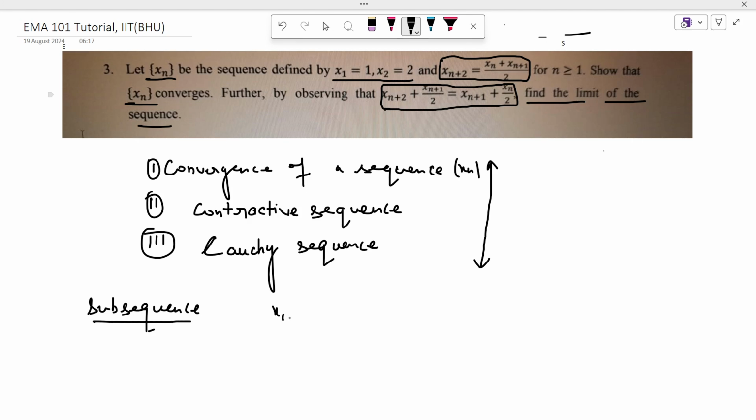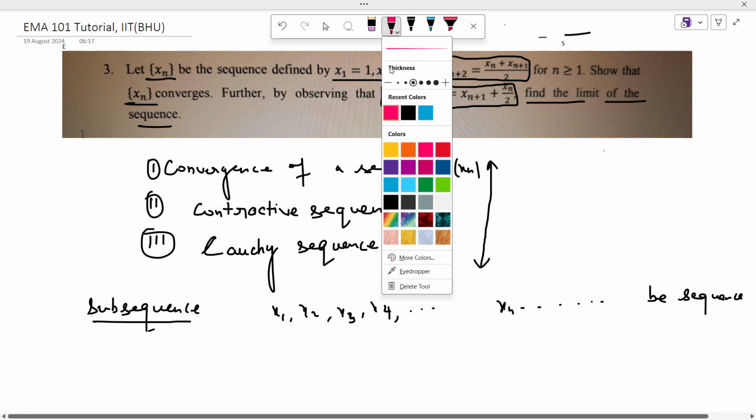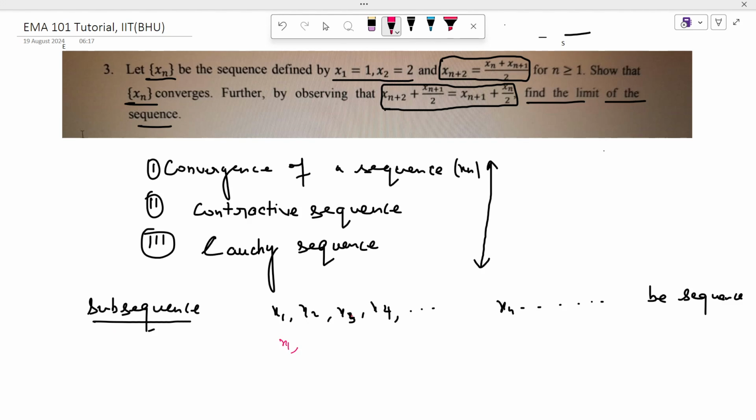Suppose for the time being, I explain to you, suppose that x1, x2, x3, x4, up to xn and so on, is a sequence. Pick up any terms. Suppose I am taking the first term x1, and at the second position it is x3, and at the third position it is x5, x7, and the nth term is x2n plus 1.